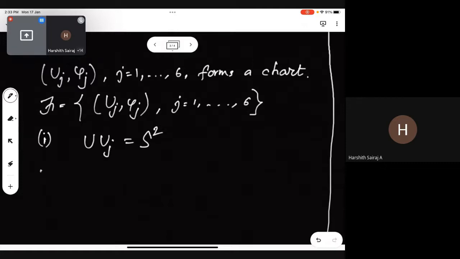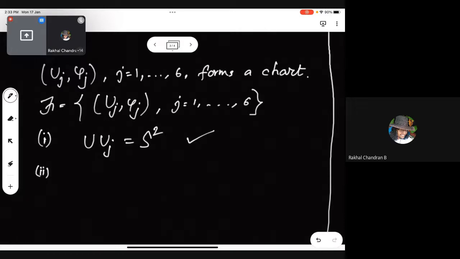And what is the second thing we need to check? C infinity compatibility, right. So you need to look at the transition functions, and you need to show that the transition functions are C infinity smooth.